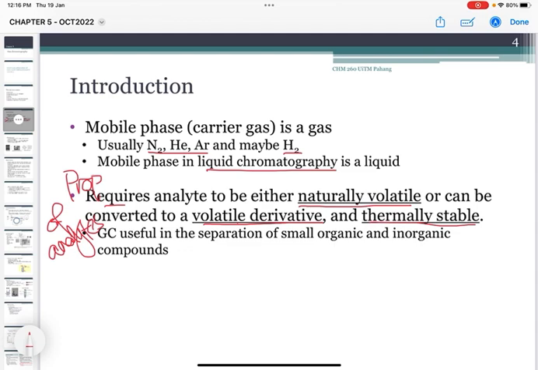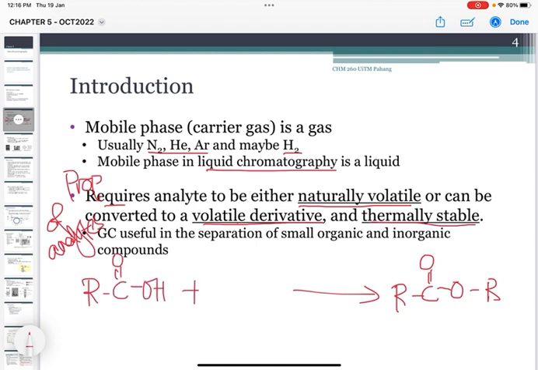Okay. For example, we can synthesize ester daripada carboxylic acid. Ester, R, C double bond O, O, R. Kita boleh hasilkan daripada R, C double bond O, OH tambah dengan R, OH.